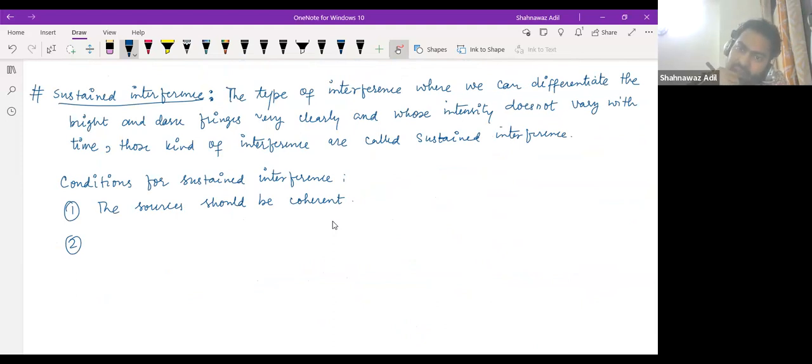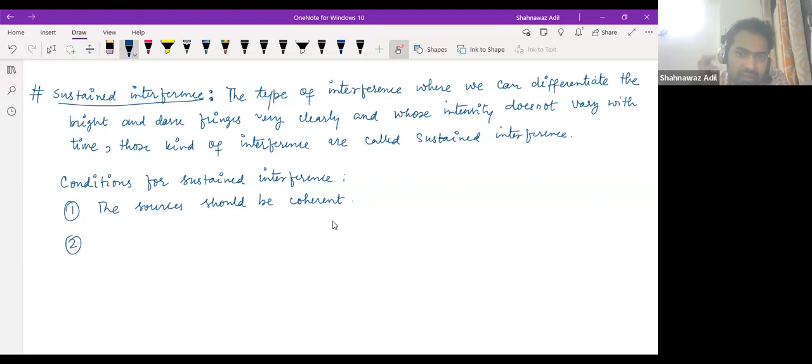So I'm asking that you require a light which has only a single wavelength, right? Because if you have different kinds of wavelength in a single light, then all those interference patterns would be mixed up, right? So to have a sharp and sustained interference, you require a single wavelength of light.